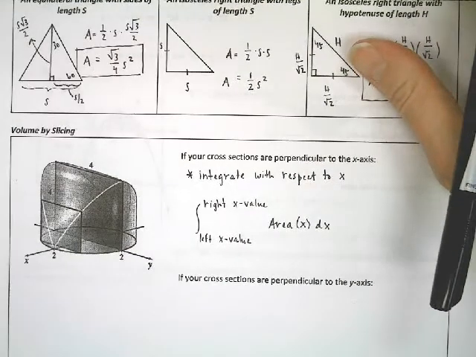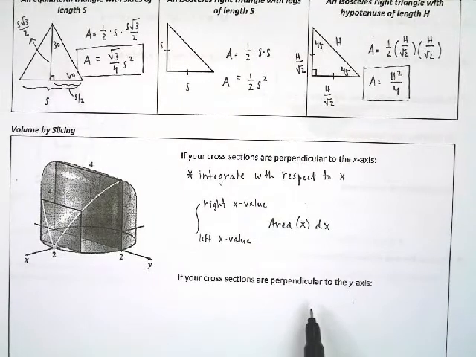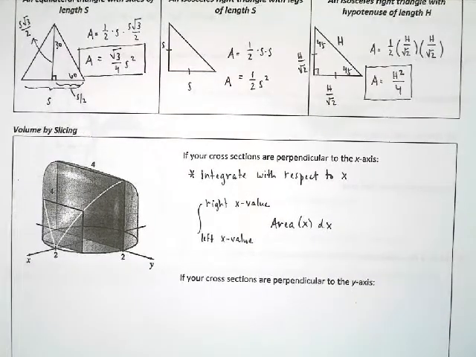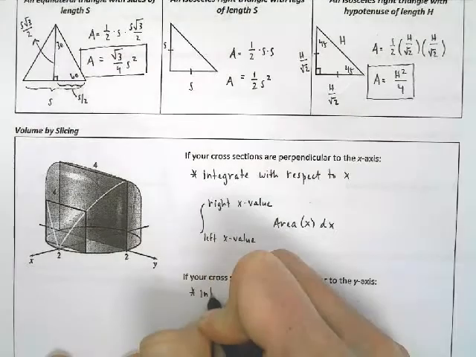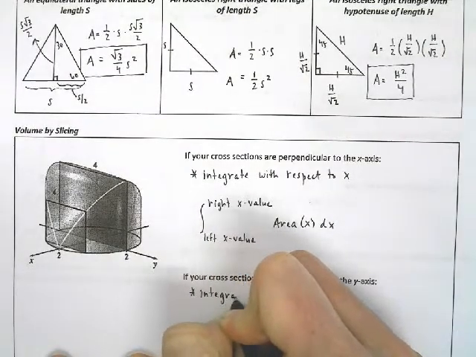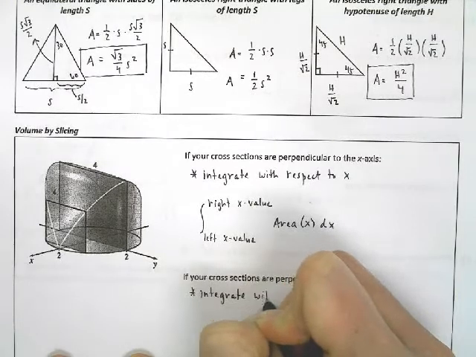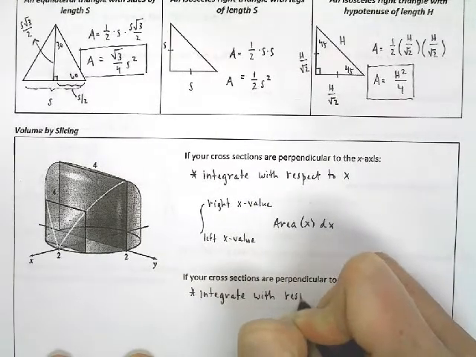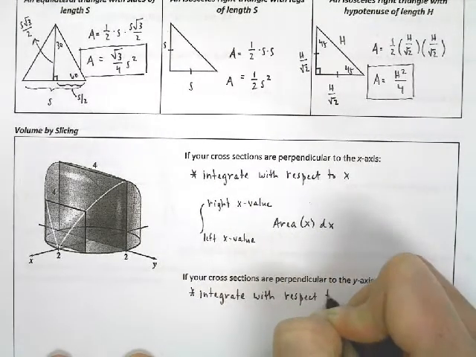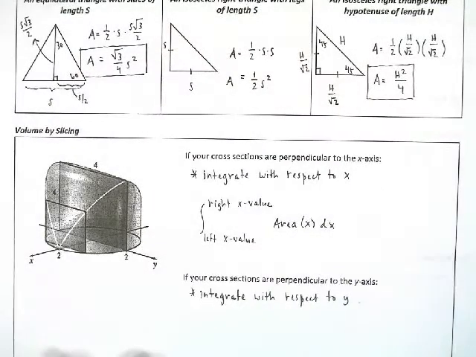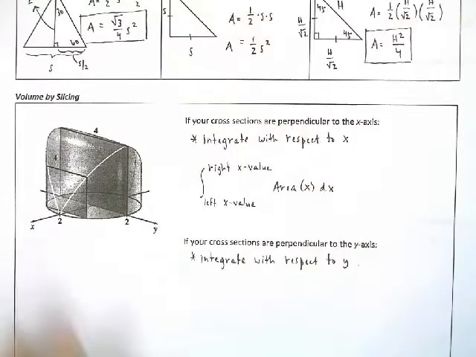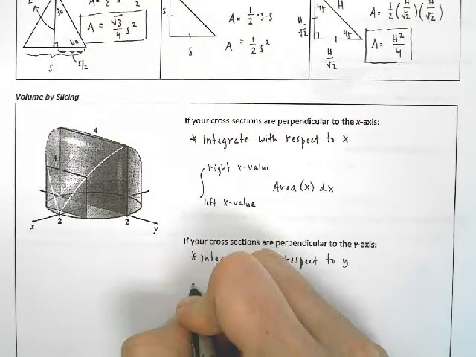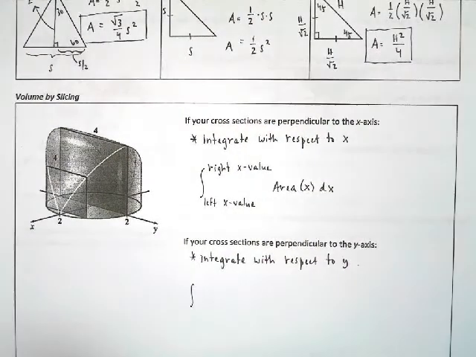Now, sometimes a problem will specify that our cross-sections are perpendicular to the y. So in this case, we're going to integrate with respect to y. And much like with area, when we integrate with respect to y, the bounds of our integral have to be y values.